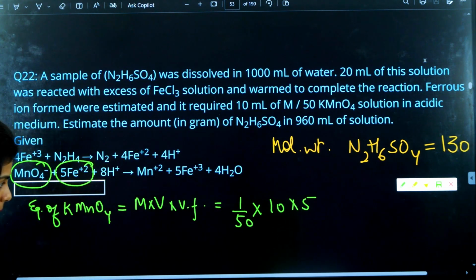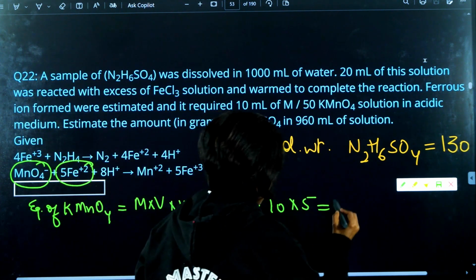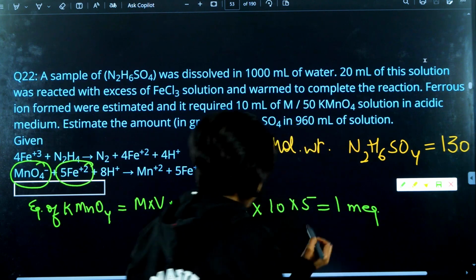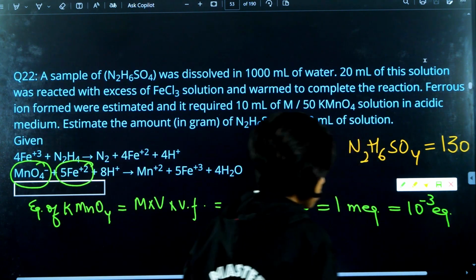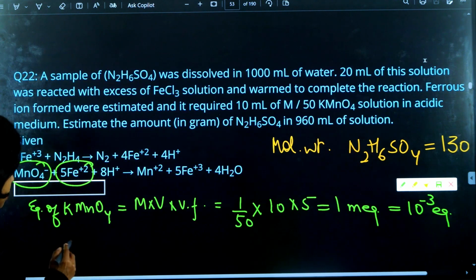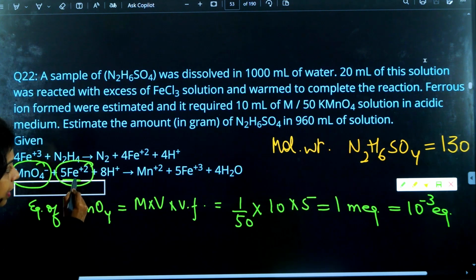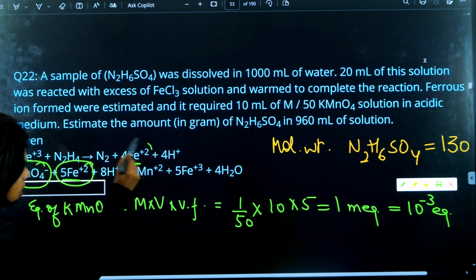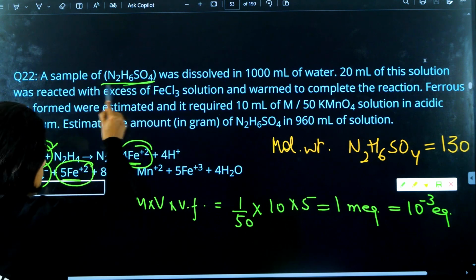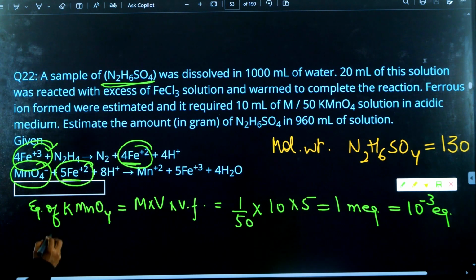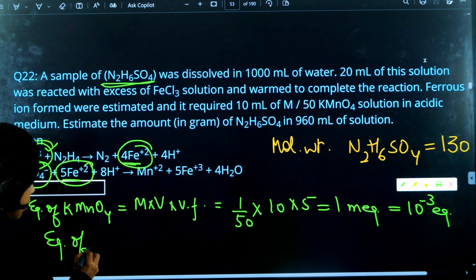Yes, done. So 1 milliequivalent, because I'm taking the volume here, or you can say 10 raised to power minus 3 equivalents of KMnO4. So that is equal to the equivalents of ferrous ion. That is equal to the ferrous being formed from ferric, right? That is equal to the equivalents of ferric ions. And the equivalents of ferric ion is equal to the equivalents of this. Correct?